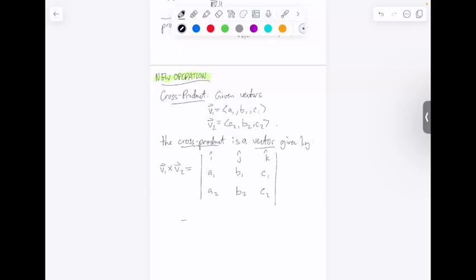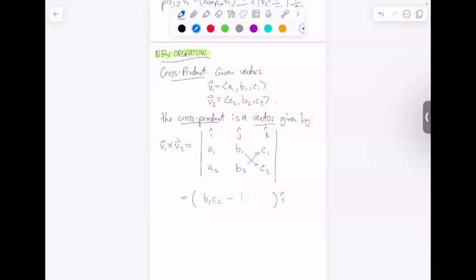This means how I evaluate this is the output is going to be a vector where in the x component, I'm going to do b1 times c2, and I'm going to subtract off b2 times c1. All right, so when I go this way, it's plus, this way it's minus.